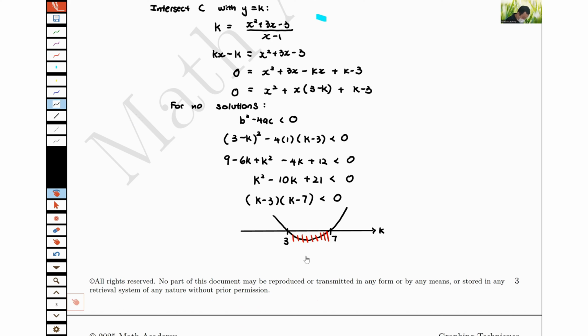So your k value would be in between 3 and 7. But you should give a conclusion. What does this k refer to? So we are saying, therefore, curve C does not lie between 3 and 7.